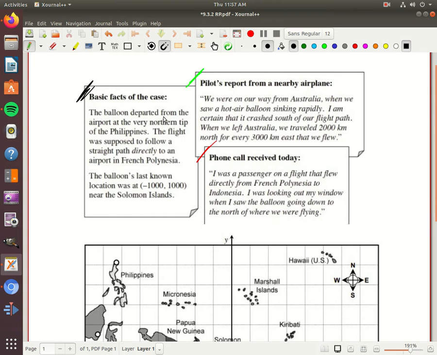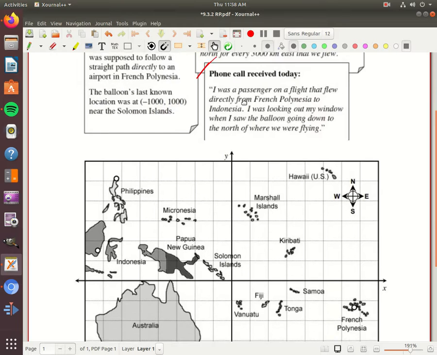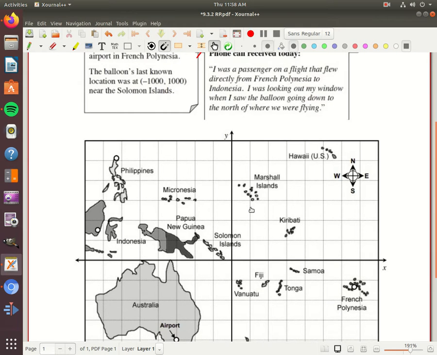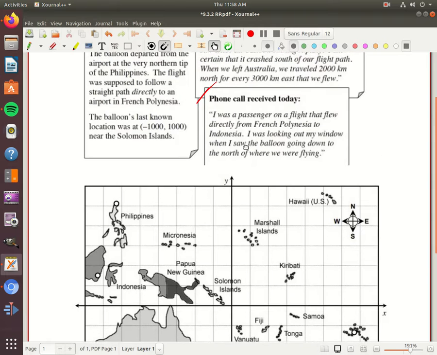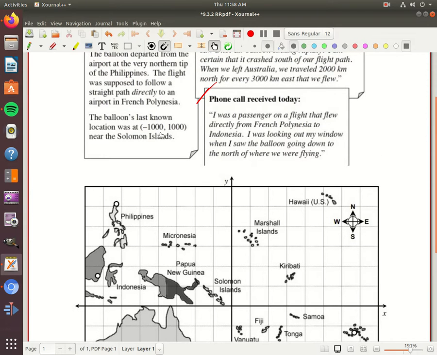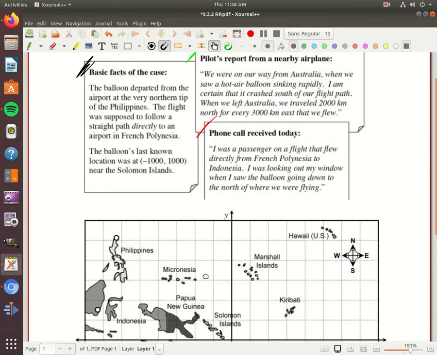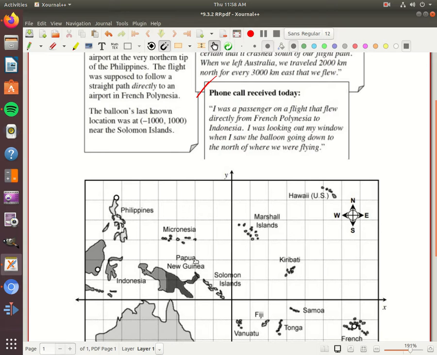So it says the balloon departed from the airport on the very tip of the Philippines, so up here, and the flight was supposed to fly out a straight path directly to the airport in French Polynesia. So it was supposed to go here. The balloon's last known location was at -1,000, +100, near the Solomon Islands. So that's some basic facts. It was supposed to do that.